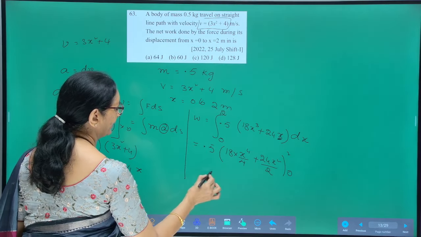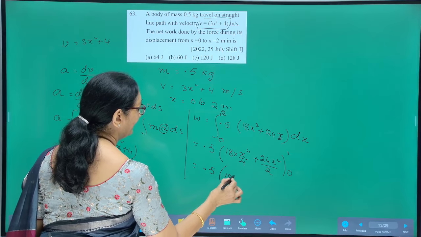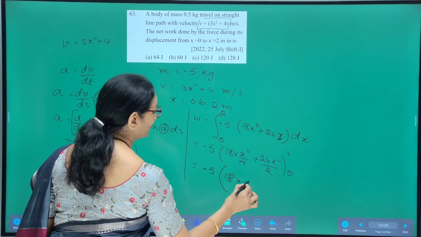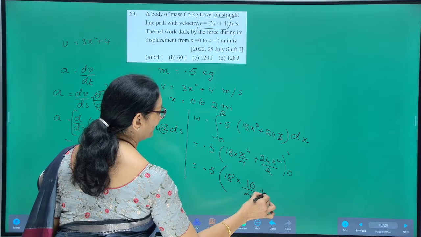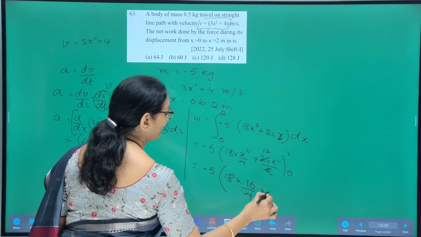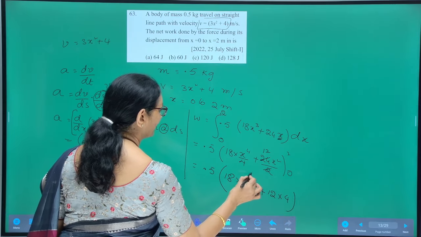This is equal to 0.5 into 18, upper limit 2 to the power of 4, that is 16 by 4. This is 12, x square is 2 square, that is 4.